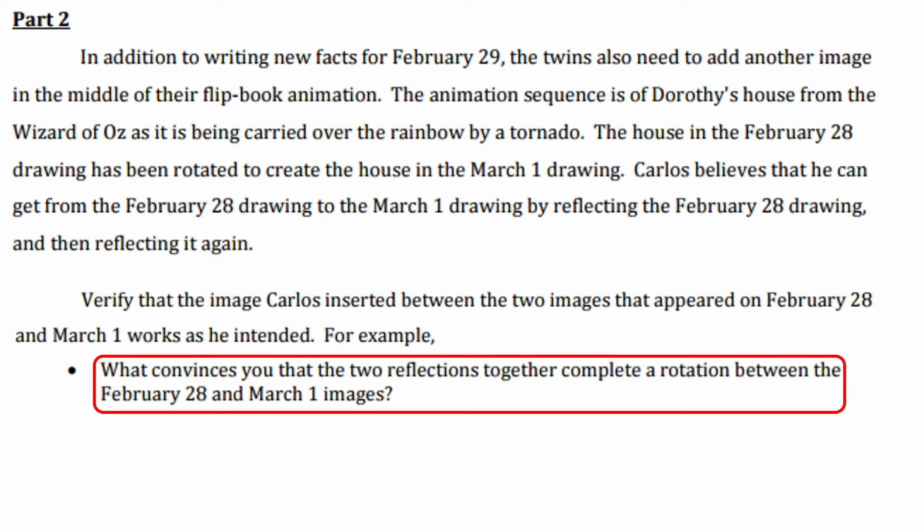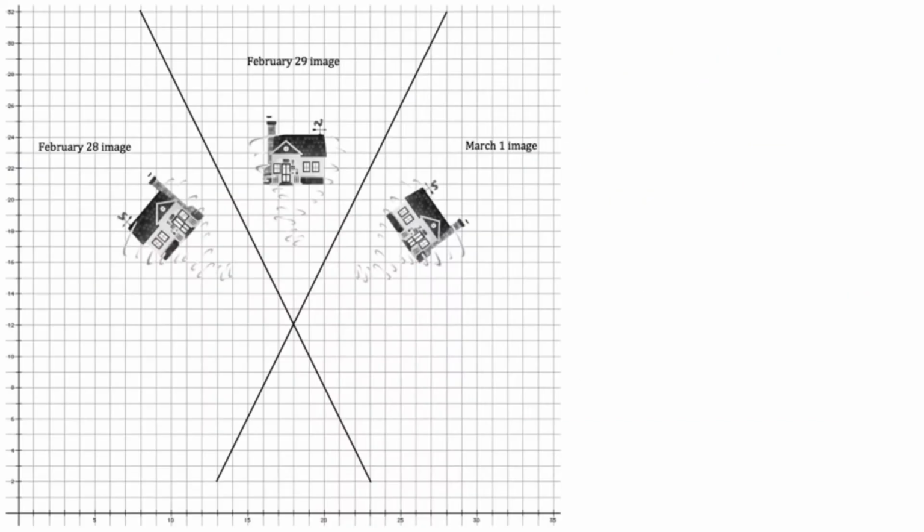Now, what convinces you that the two reflections together complete a rotation between the February 28 and March 1 images? So now we want to see if those two reflections create a rotation. Does it look like our February 28 image has been rotated to get to the March 1 image?